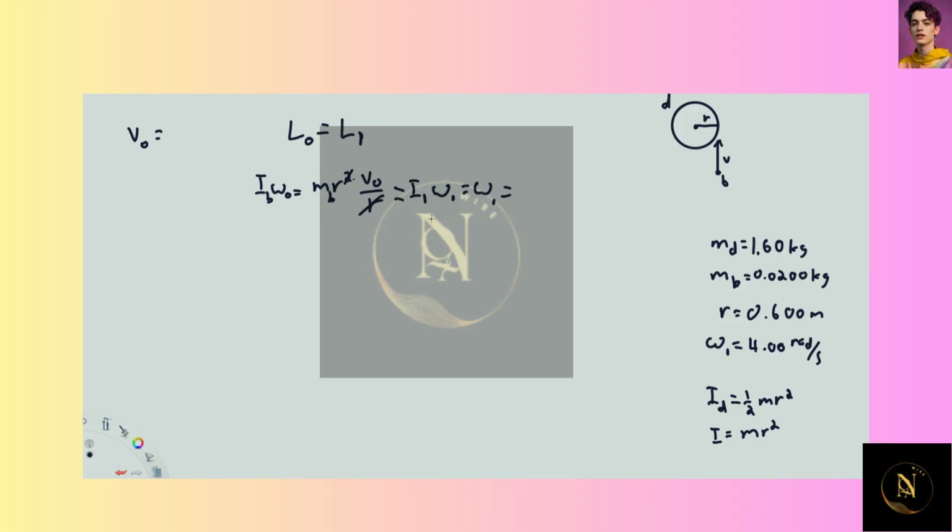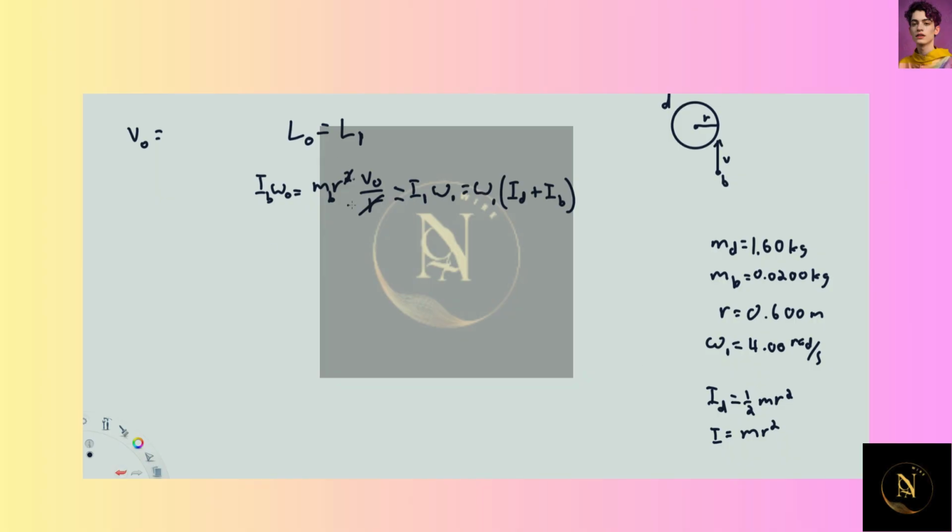And I_1 is going to be the moment of inertia of the disk plus the bullet on the side, since it embedded itself there. So, whoops, this shouldn't be an equal sign. So this will be times moment of inertia of the disk plus the moment of inertia of the bullet. And we know what the moment of inertia of a disk is.